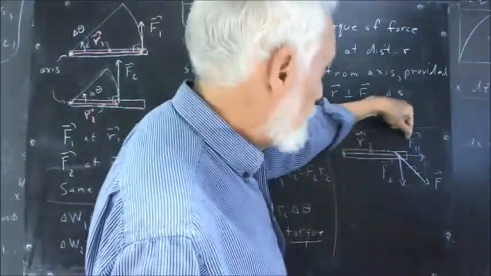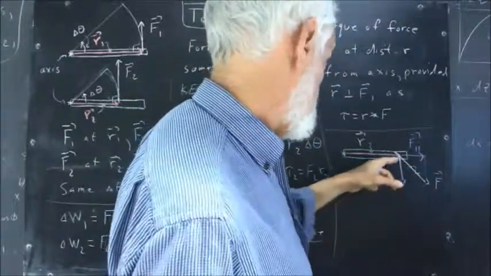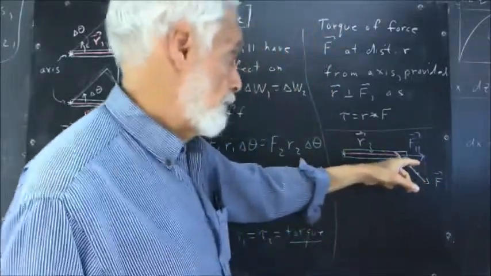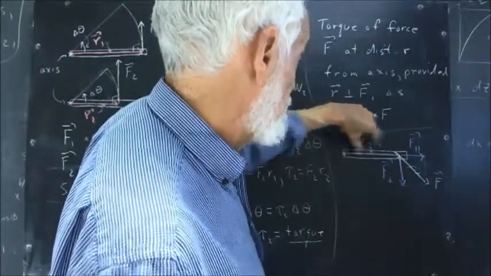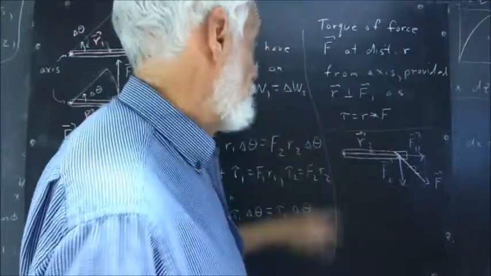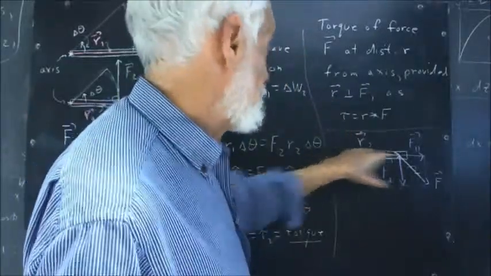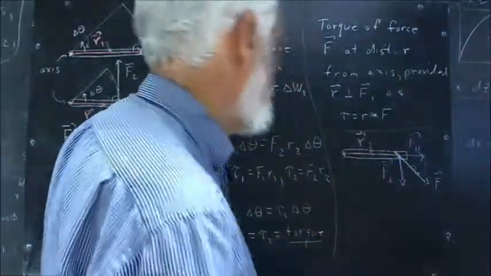So there's zero motion. Now F parallel will have the effect of pulling on the object, which in turn pulls on whatever axle we have constraining this object to rotate about this axis.